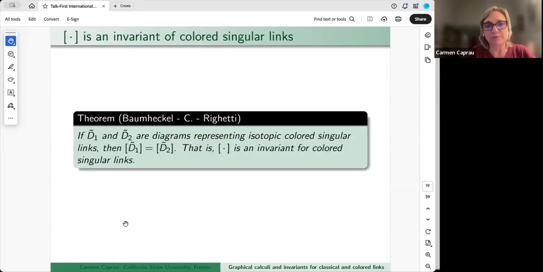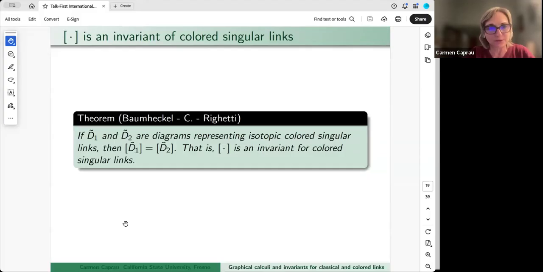And then we were able to prove that it is indeed an invariant of colored singular links. We only needed to verify the invariance under the 2 extra Reidemeister type moves, because since this is an extension of an invariant that we knew is an invariant for colored classical links, it is independent of the Reidemeister moves 1, 2, and 3.